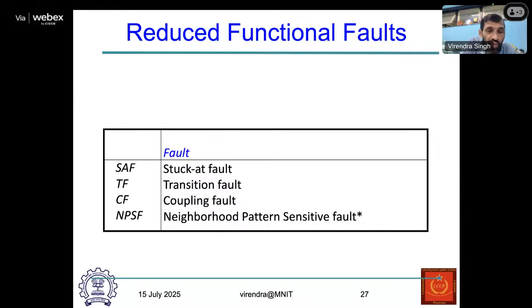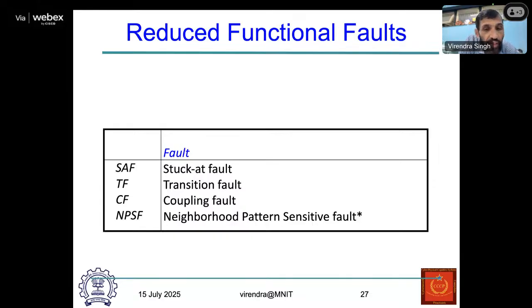So if I'm operating a circuit at 1 gigahertz, within the 1 nanosecond time it should take some action, right? So if I'm changing from 0 to 1, that change should happen well within 1 nanosecond. And if some cell is faulty, that may not happen in 1 nanosecond. But if you give 100 nanoseconds, perhaps this can change from 0 to 1.